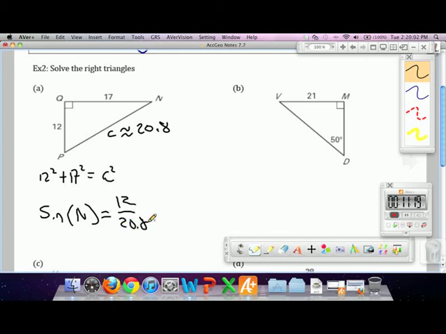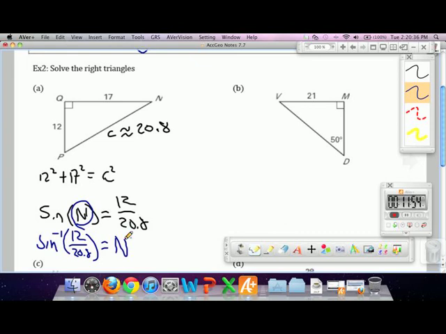So therefore, how would we find the measure of angle n if we know the sine of it? The problem is that we're trying to find what's inside the sine function. Then let's use the inverse. If we know the sine of the angle is this ratio, the inverse sine of the ratio is the angle measure.